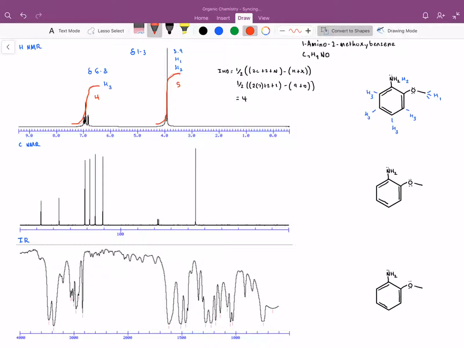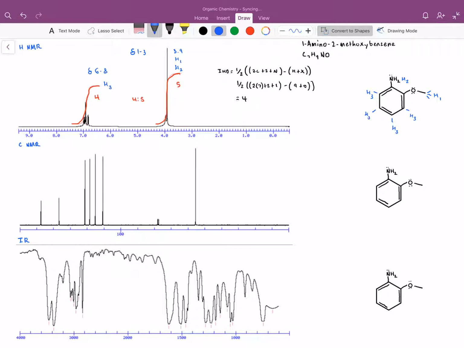The integration curve is taller on the right side. The integration curve is shorter on the left side, meaning there are more hydrogens corresponding to that integration curve in a 4:5 ratio as far as the integration goes. So that's a useful way of confirming the information that we're working with here.